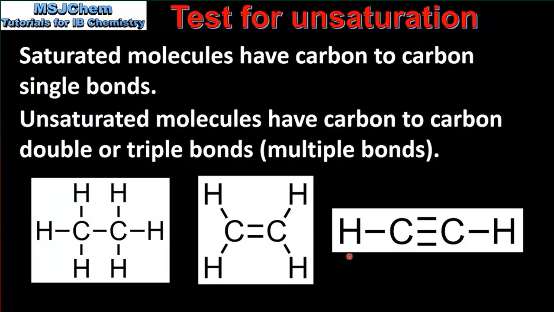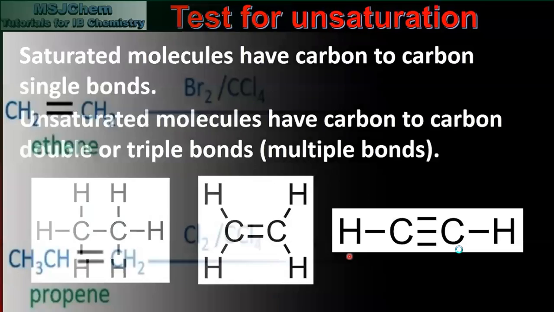That means here alkane is considered a saturated compound, but alkene and alkyne compounds are considered unsaturated compounds. Okay, now we have to discuss the unsaturation test. That means how can we identify unsaturated compounds from saturated ones.